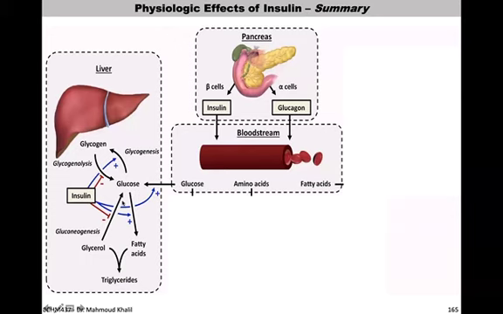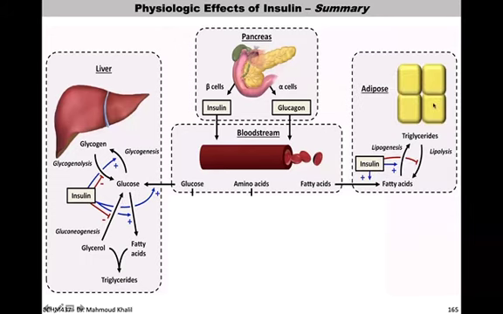This is in the liver. While in the adipose tissue, you can see that insulin promotes the internalization of fatty acids into the adipose tissue, in which these fatty acids are transformed into triglyceride under the effect of insulin, and the process of lipolysis is inhibited as well under the effect of insulin.